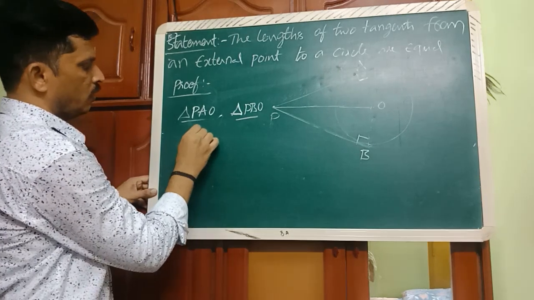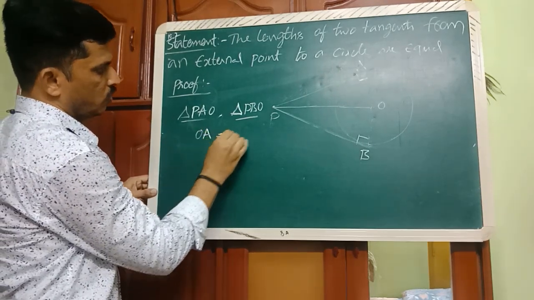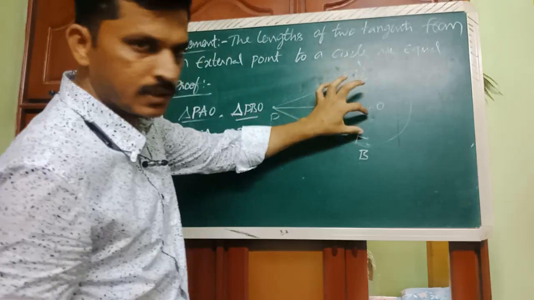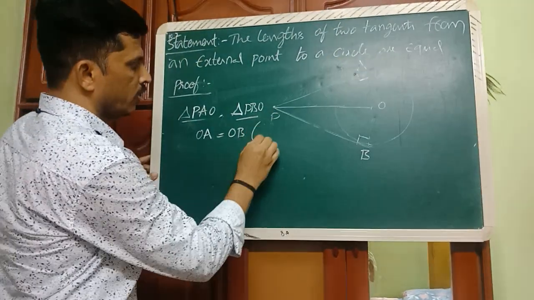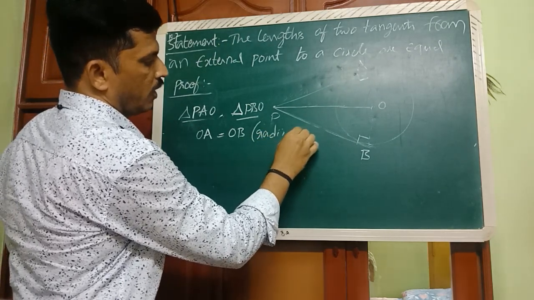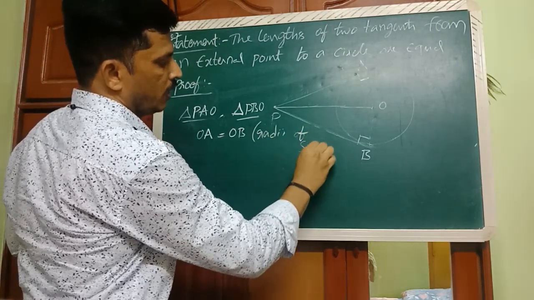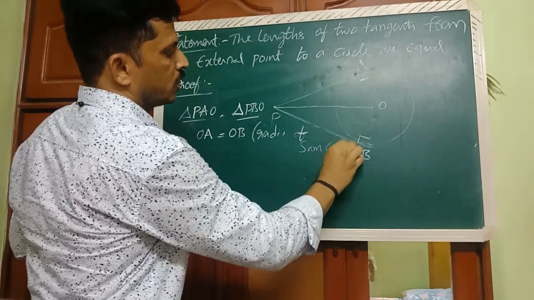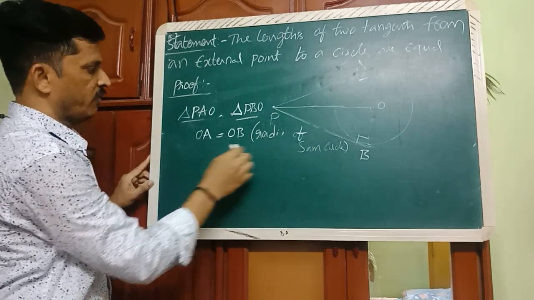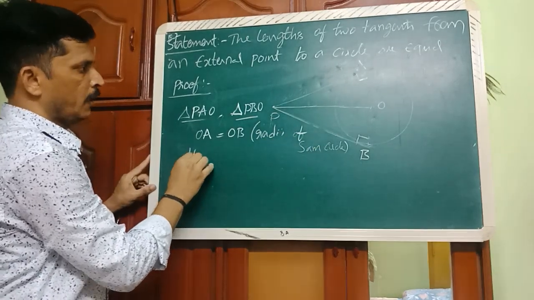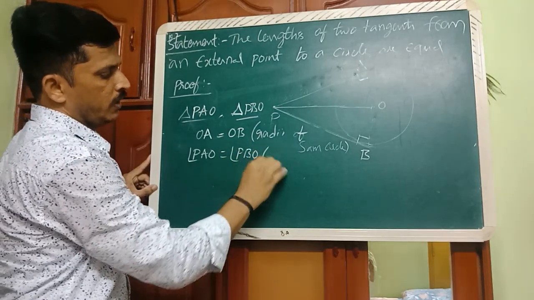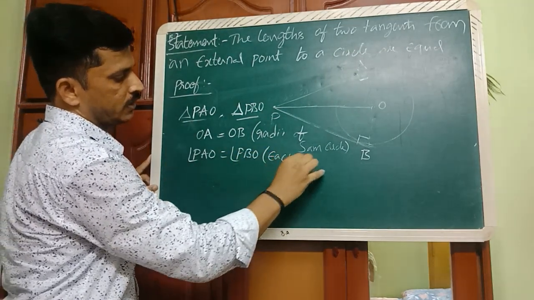OA is equal to OB. In this triangle OA and in this triangle OB, these two are radii of the same circle. So angle PAO is equal to angle PBO, each 90 degrees.